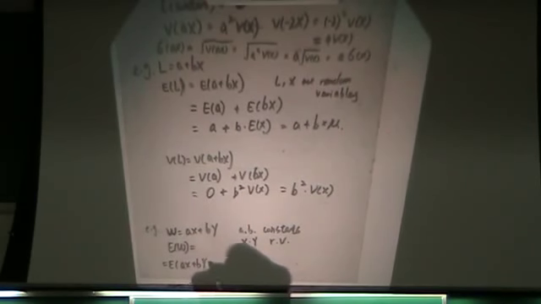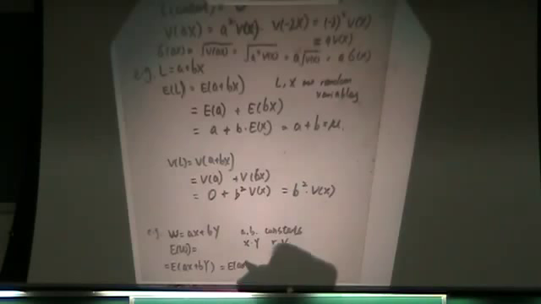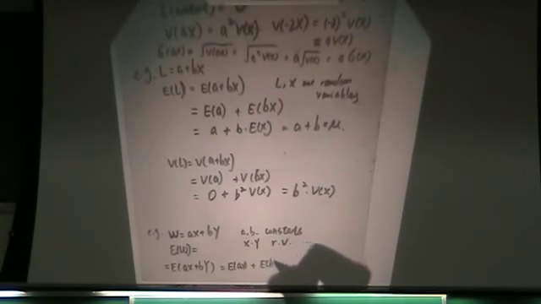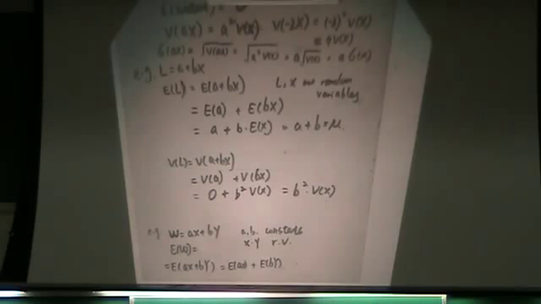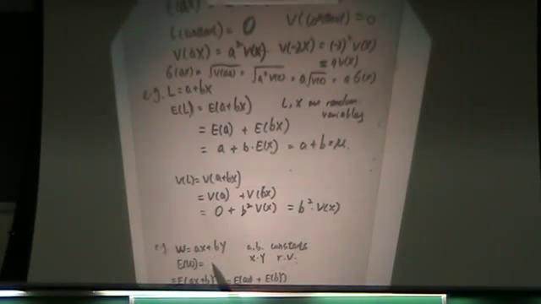If I want the expected value of W, we take the expected value of AX plus BY. We separate it into two expected values, E[AX] plus E[BY]. There are no constraints for X and Y: they could be independent, they could be dependent. For expected value, we could just separate them out.